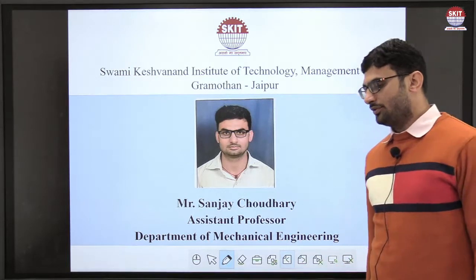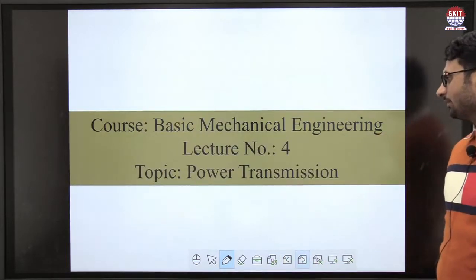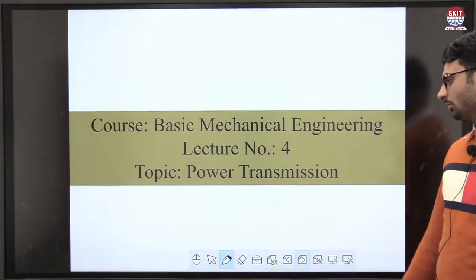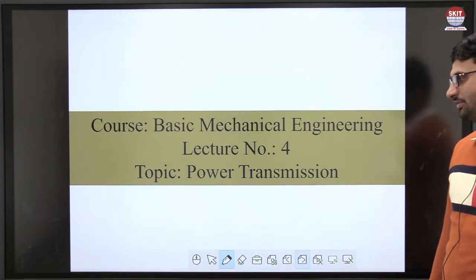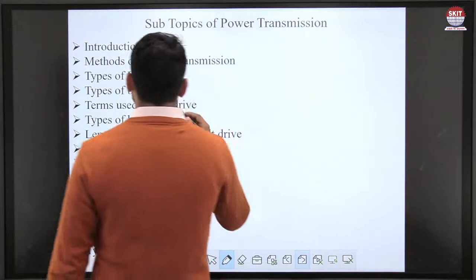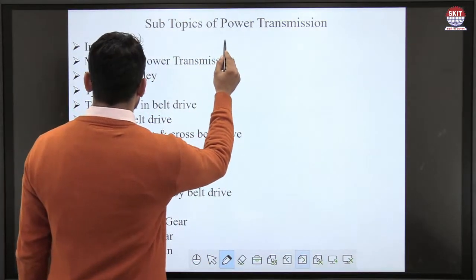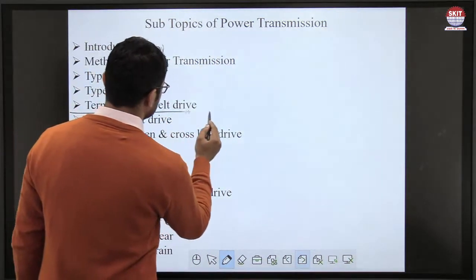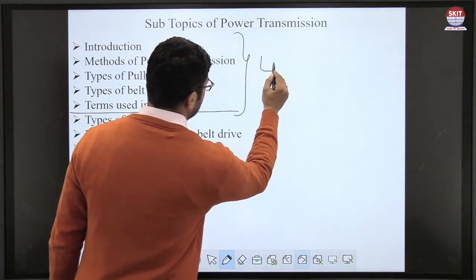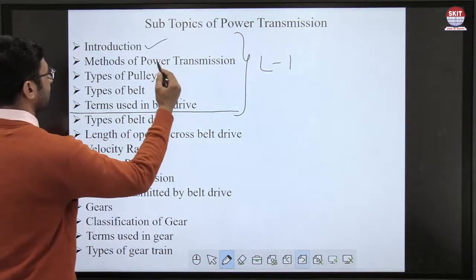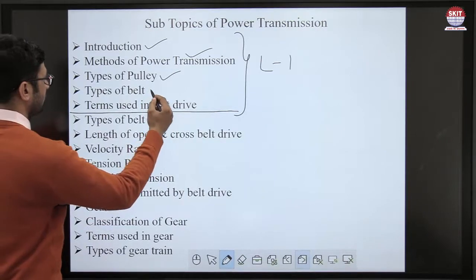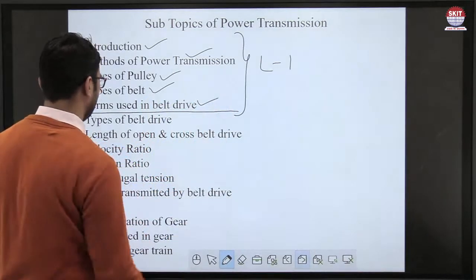We have already covered three lectures, and this is the fourth lecture of the Power Transmission topic of the Basic Mechanical Engineering subject. In the first lecture we covered introduction, method of power transmission, types of pulley, types of belt, and terms used in belt drive.